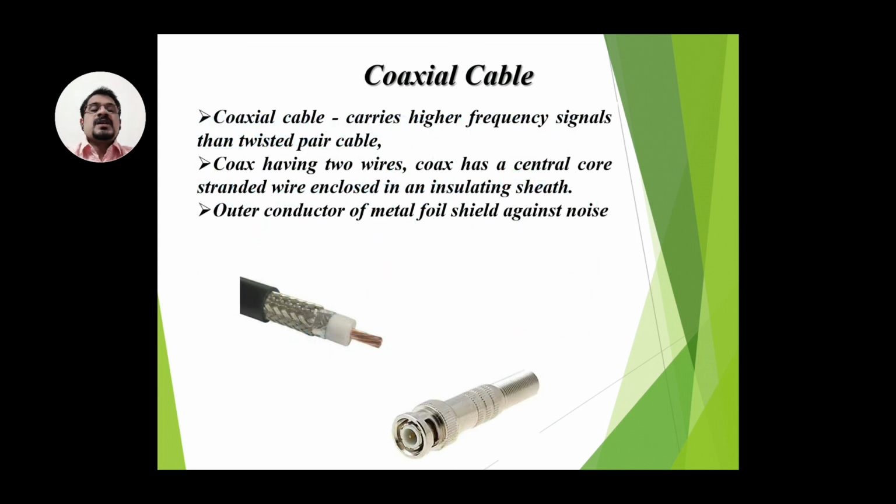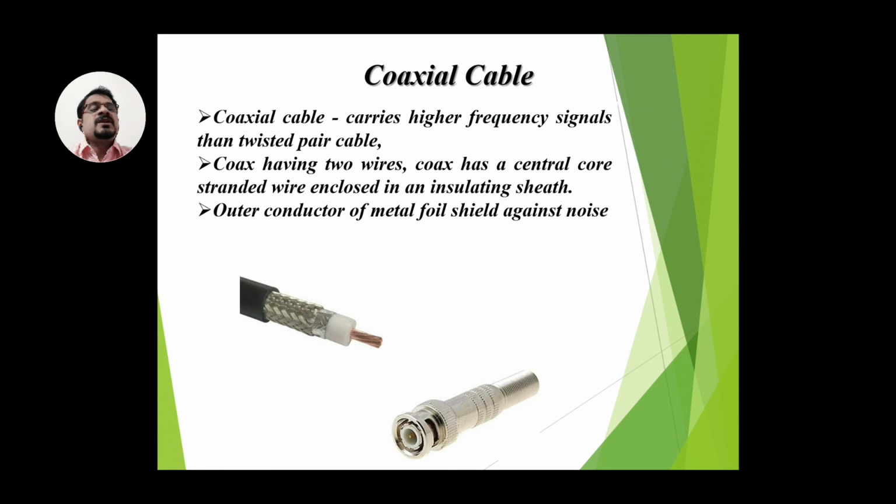Now next we can see the coaxial cable. Even in your home you can witness the television cable connection; that cable is a coaxial cable. Here you will notice that there are four layers in total.